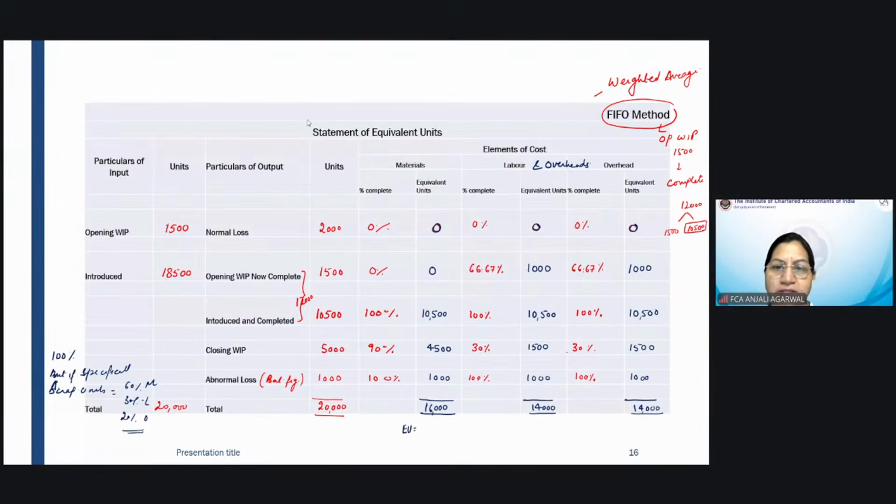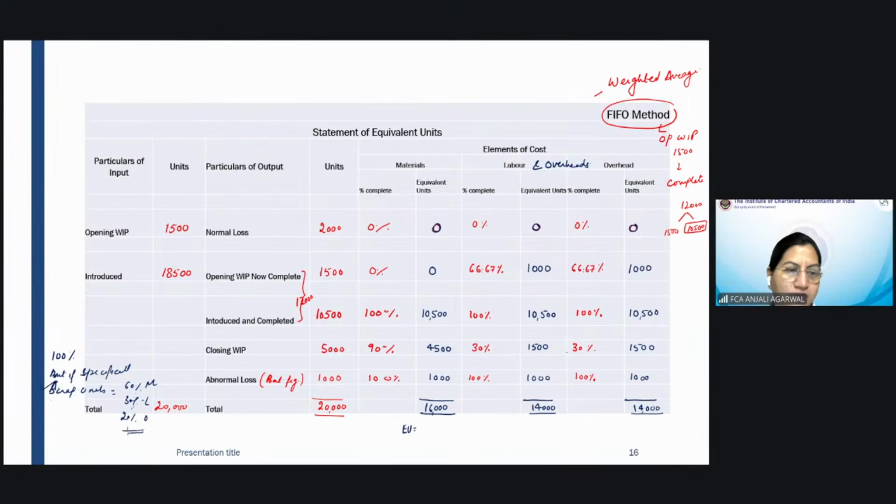So don't take it as closing WIP unless specifically said. If the degree of completion of scrap units is given, apply that. Otherwise, use 100% for abnormal loss, and normal loss is always 0%, even if a percentage is given.